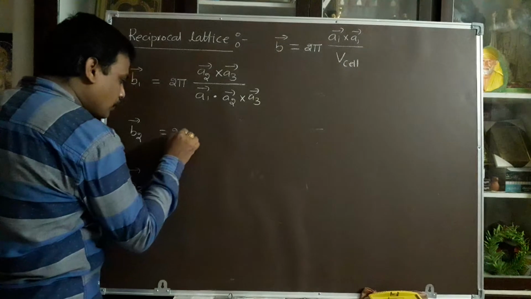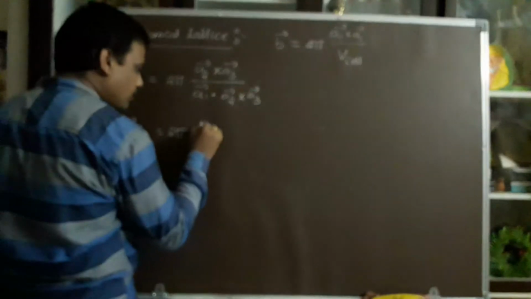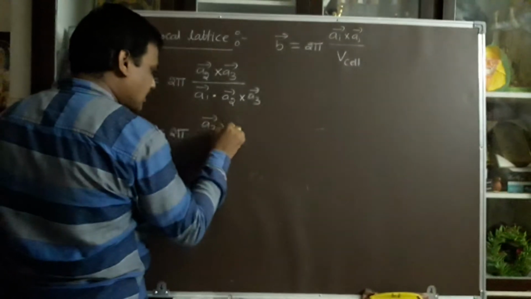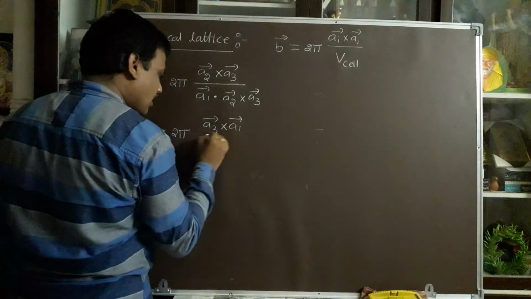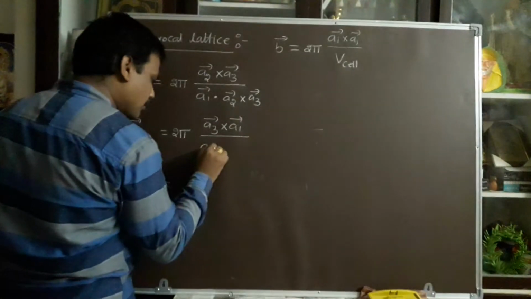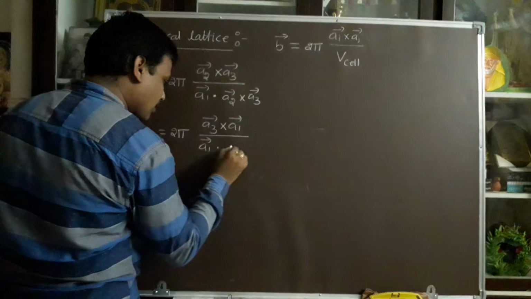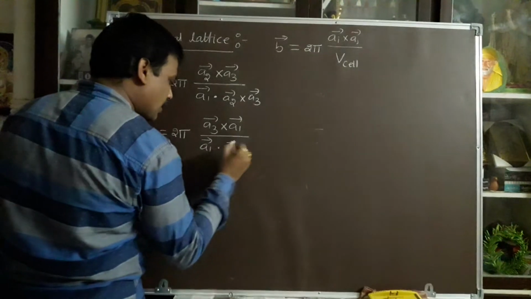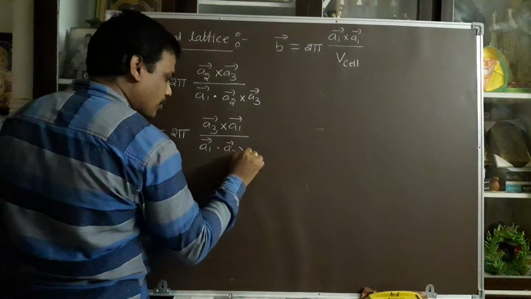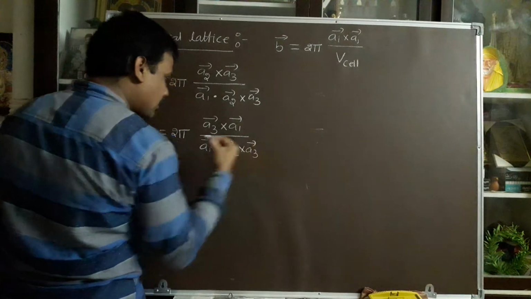Similarly, B2 can be written as 2 pi into A3 bar cross A1 bar divided by A1 bar dot A2 bar cross A3 bar.